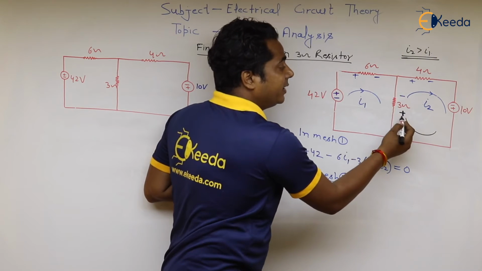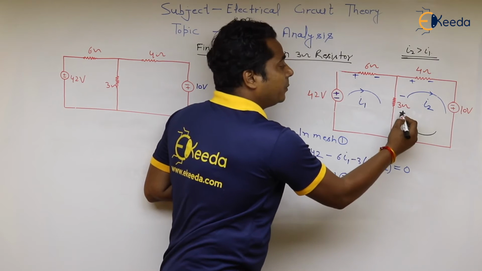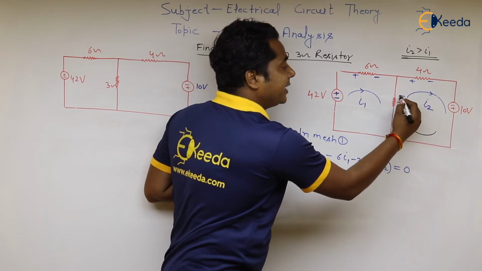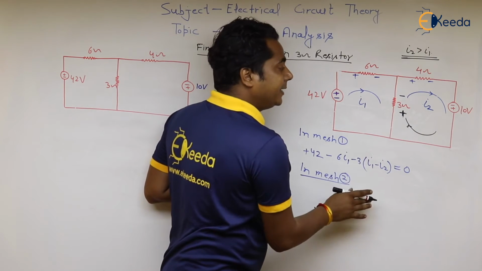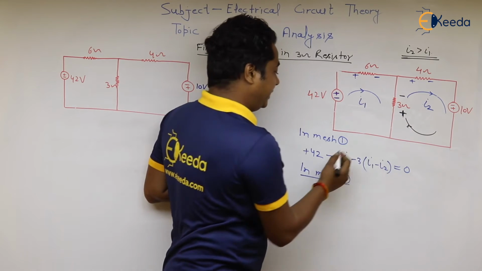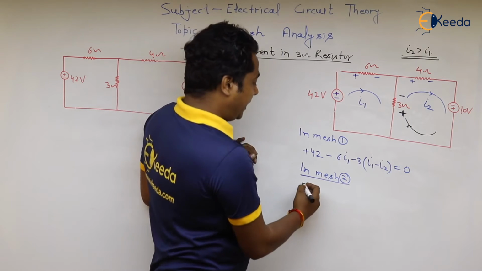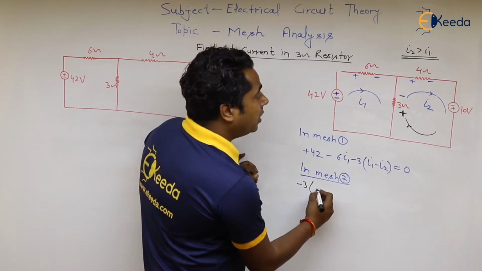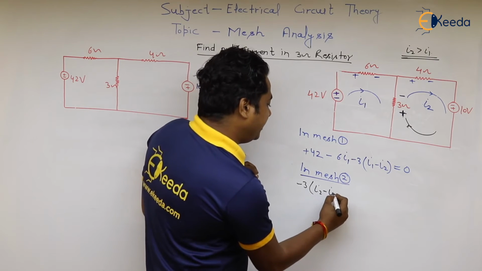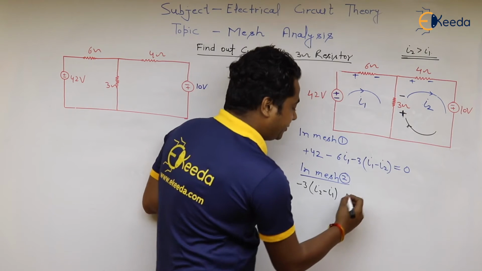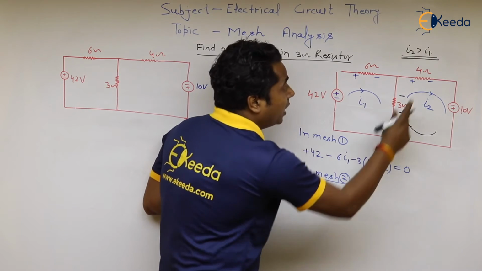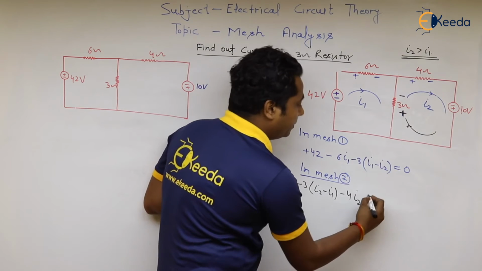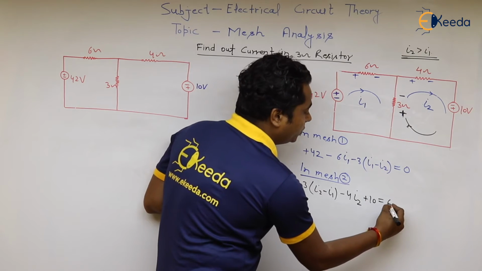When I2 is greater than I1, then the current will be like this, then the plus sign will be here and the minus sign will be here, and we are applying plus 2, minus, it means minus 3 I2 minus I1, plus 2 minus 4 I2 plus 10 is equal to 0.